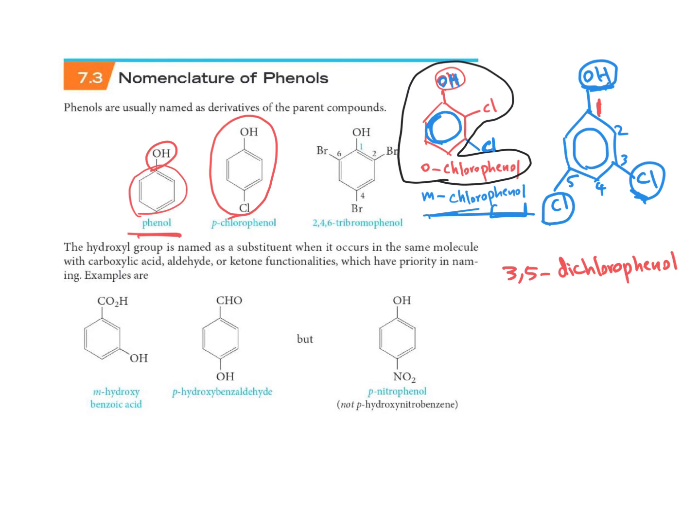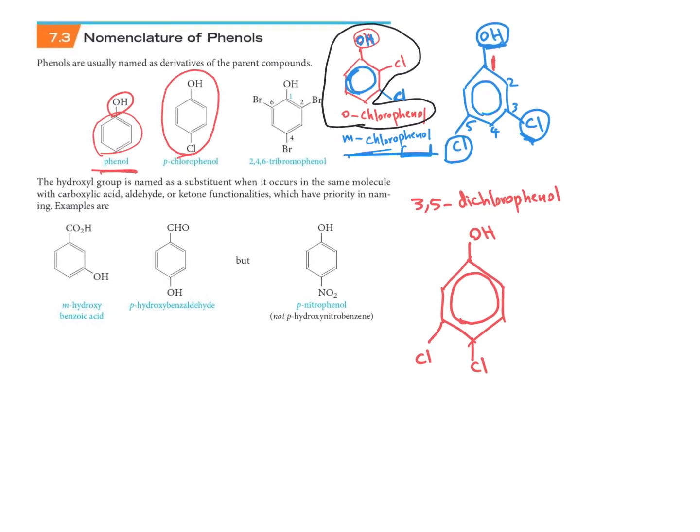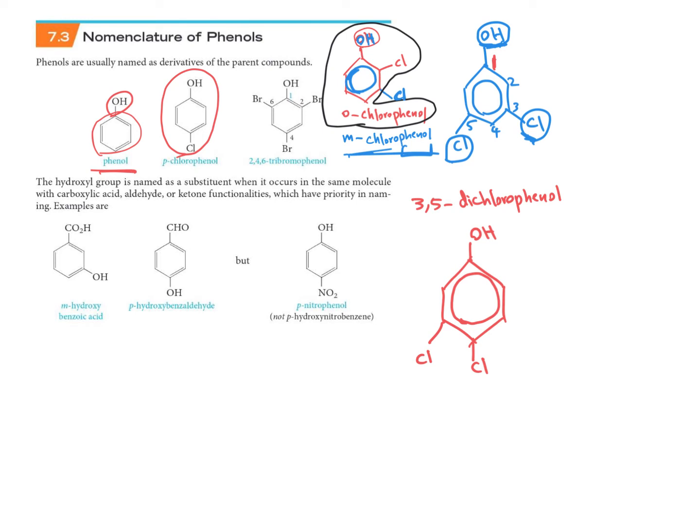But what if I have, let me write this structure as well. I have OH here, Cl here, Cl here. How would you name this one? 3,4 dichloro.